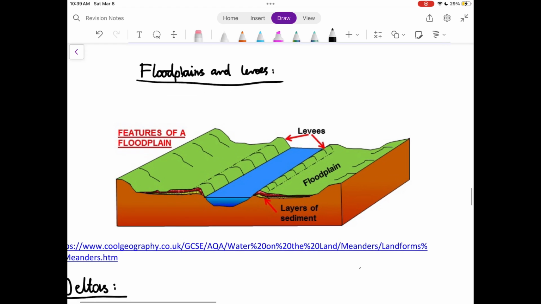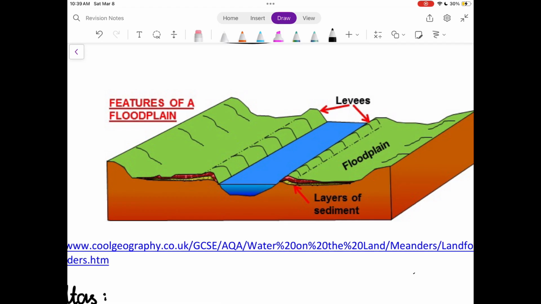So the next thing you need to know is how floodplains and levees form. Floodplains form when floods happen. When floods happen, the water level rises, and this causes water to flow into these kind of ditches, and this is what is called a floodplain.